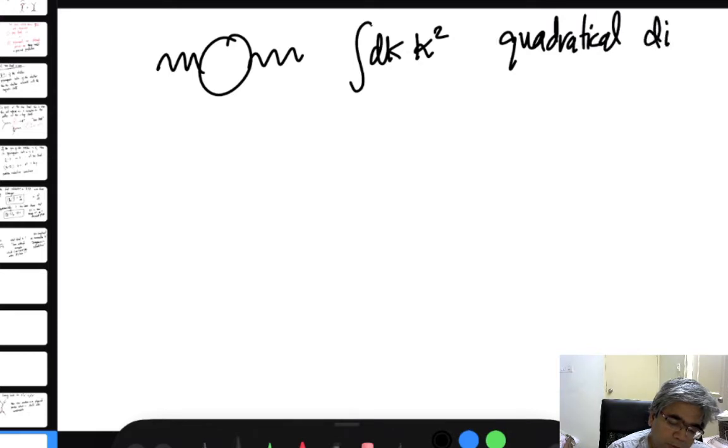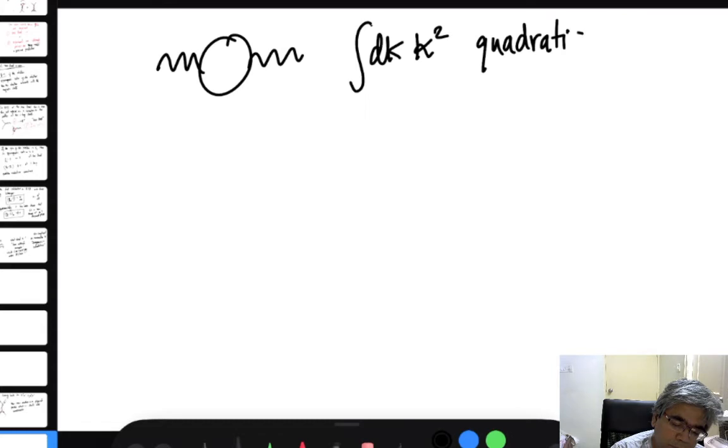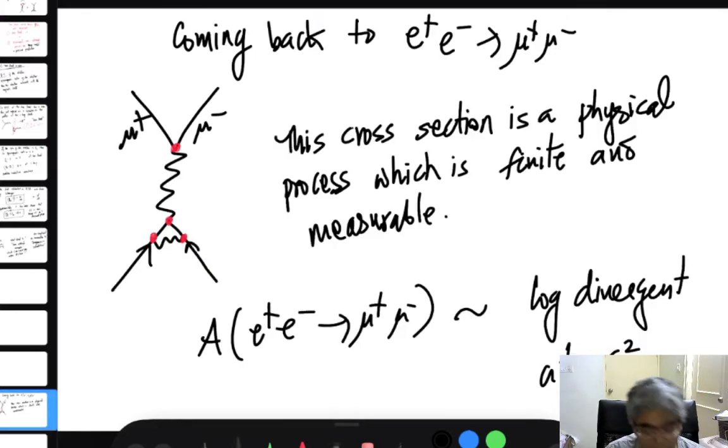So any physical process at order alpha square, like e plus e minus going to mu plus mu minus, which we have been doing, would also be quadratically divergent.